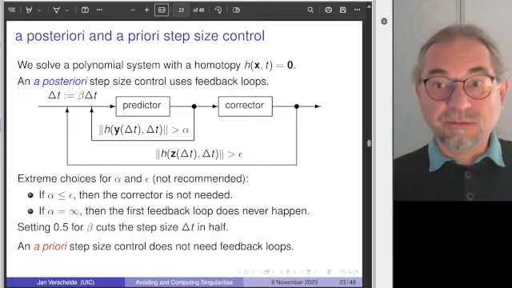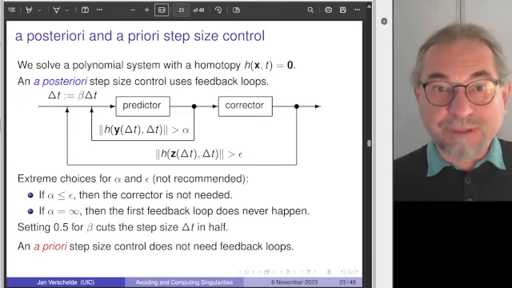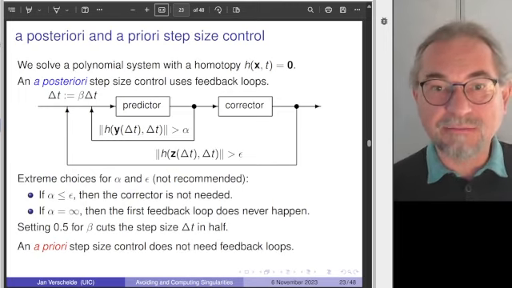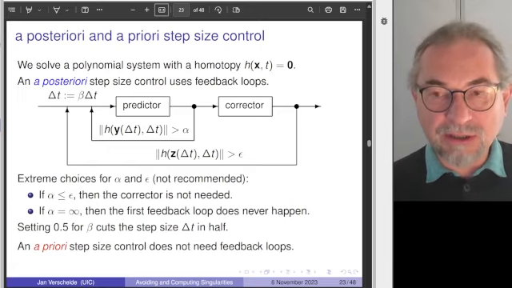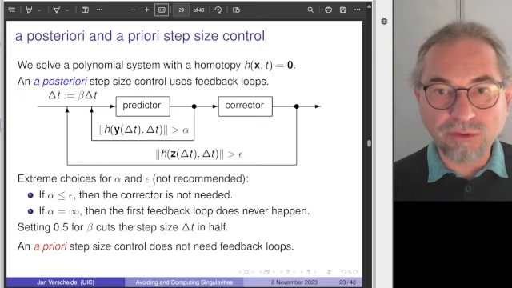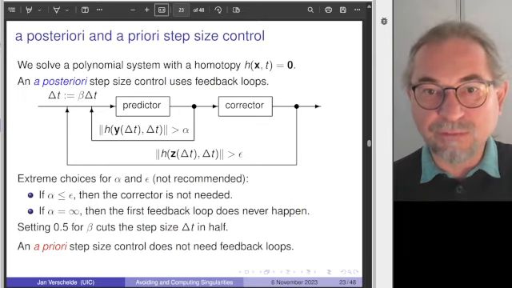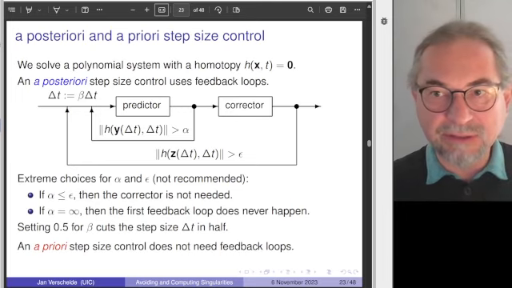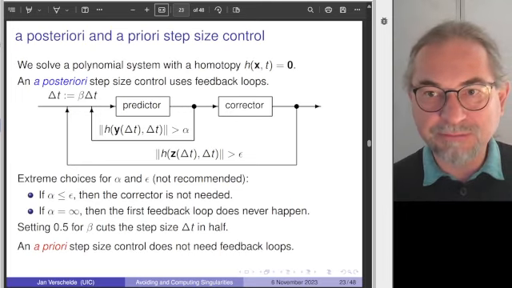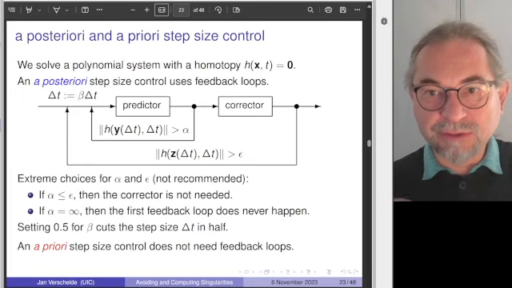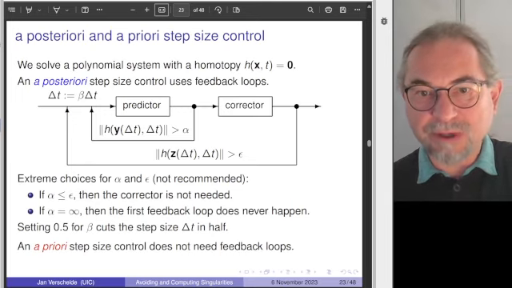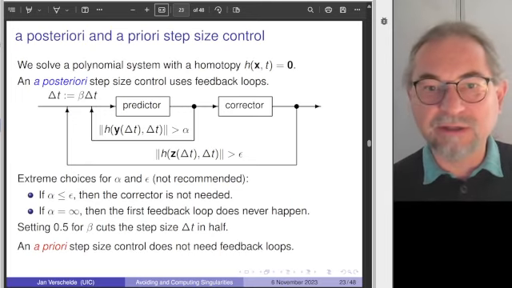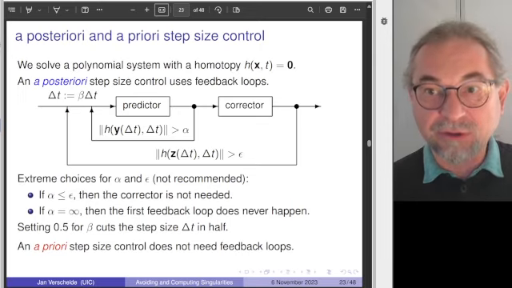Okay, what is now the framework of predictor corrector methods? With an a posteriori step size control, you check the performance of the corrector. So we predict the next point on the path, and then we typically run Newton's method a couple of times and check whether the corrector converges.